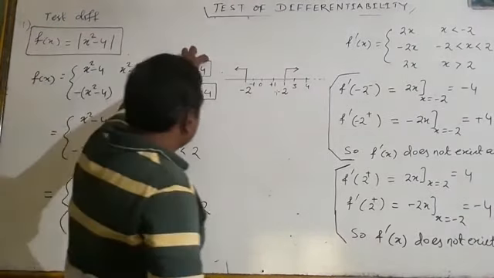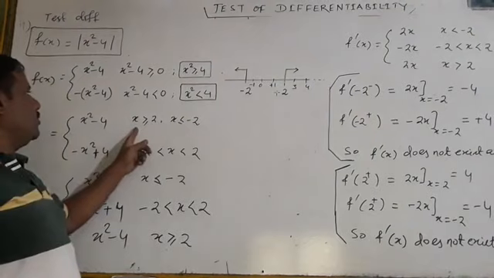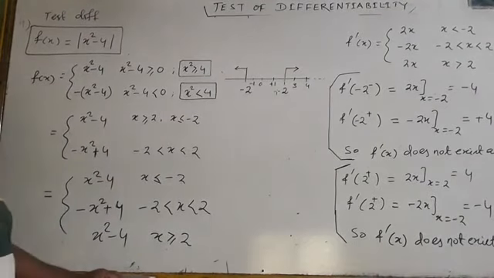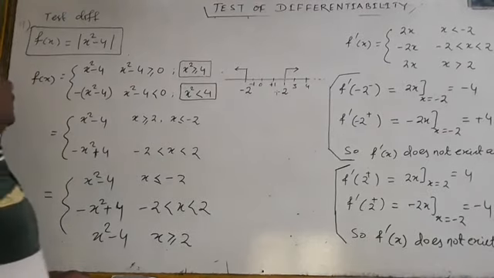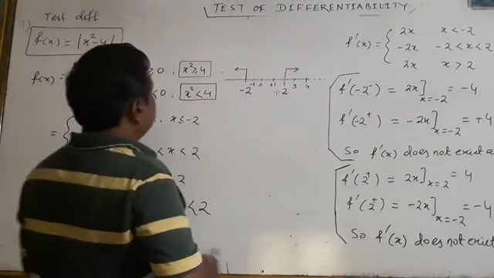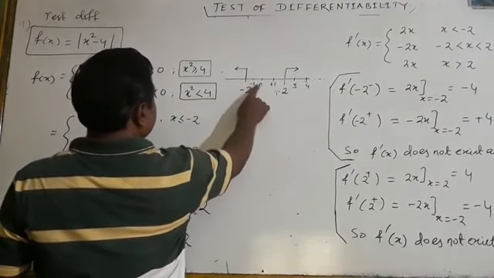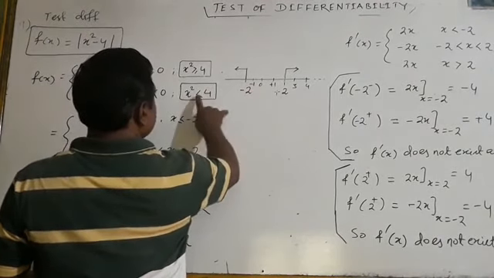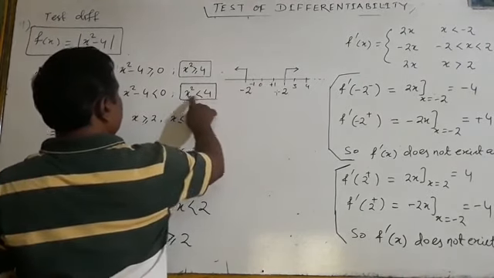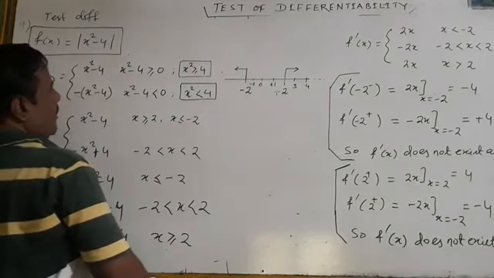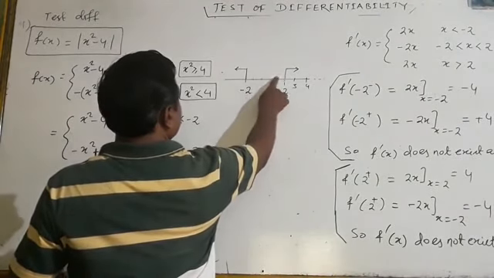So in place of x² greater than or equal to 4, I will take x greater than or equal to 2 or x less than or equal to −2. And f(x) is x² − 4 there. Now x² less than 4: when x is −1, x² is less than 4; when x is 0, x² is less than 4; when x is 1, it is also less than 4.